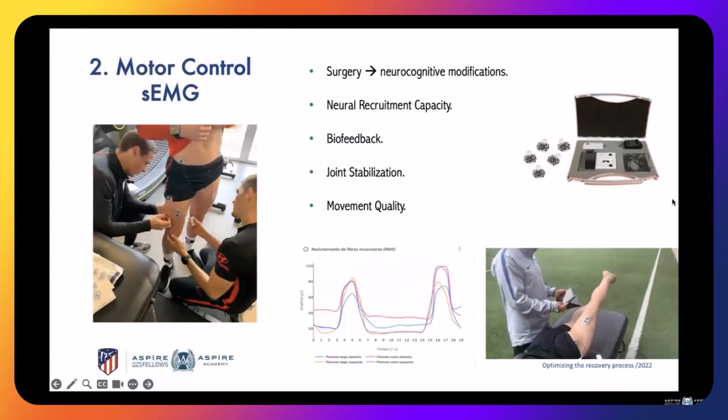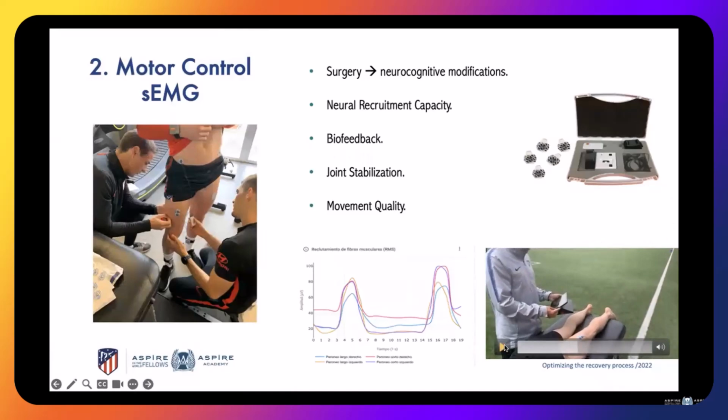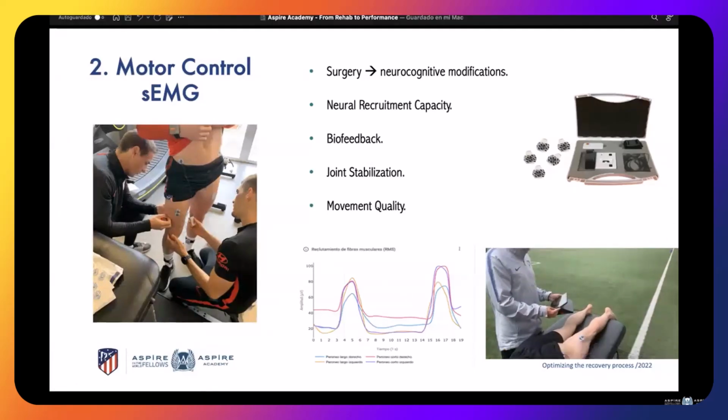If we move on, we go into the motor control part, and we use mainly superficial EMG. Although we no longer use superficial EMG as part of our general screening during the pre-season, we are using it specifically in injuries to see the activation of that specific muscle, especially after surgery, because of the neurocognitive modifications that we face after surgery.